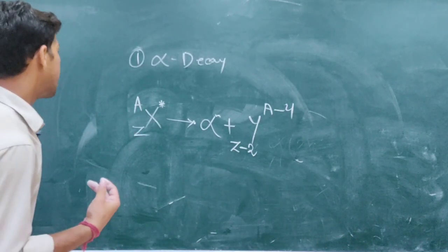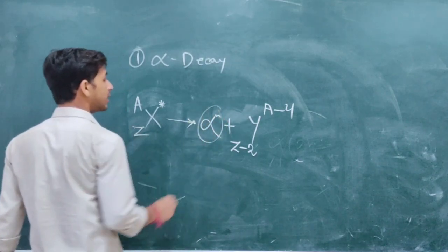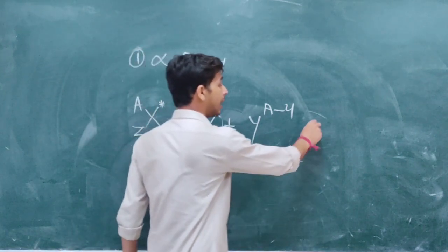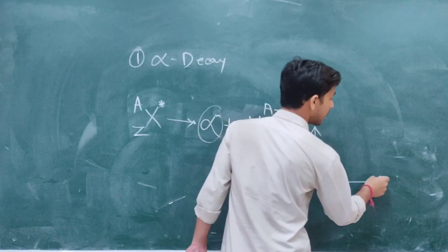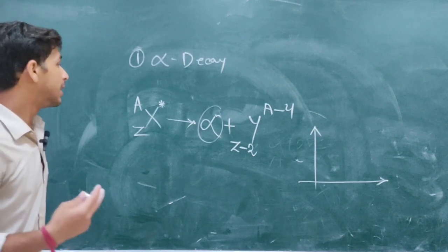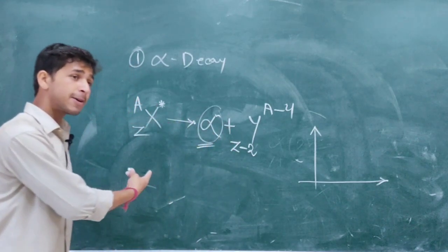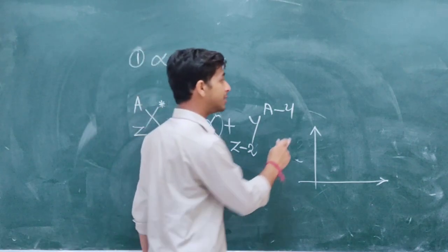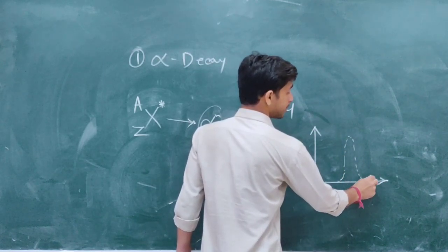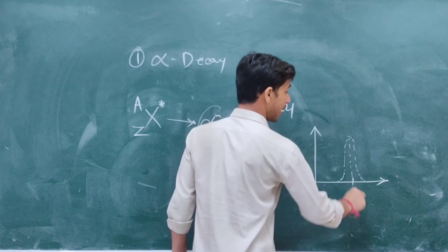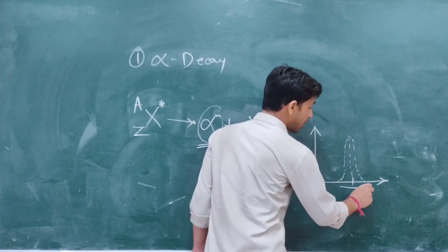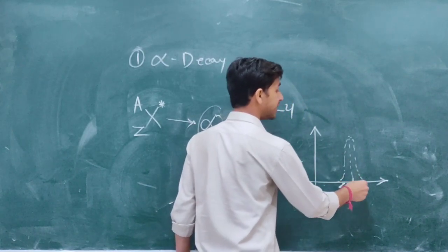Now if you want to draw the energy of this emitted alpha particle with the particle yield, meaning the number of particles having a certain energy, that will be fixed. Any kind of reaction having an alpha particle, that alpha particle's energy will be fixed every single time, but due to the spectrometer or the device by which we detect the energy of the alpha particle, there will be a broadening of the energy of the emitted alpha particle.